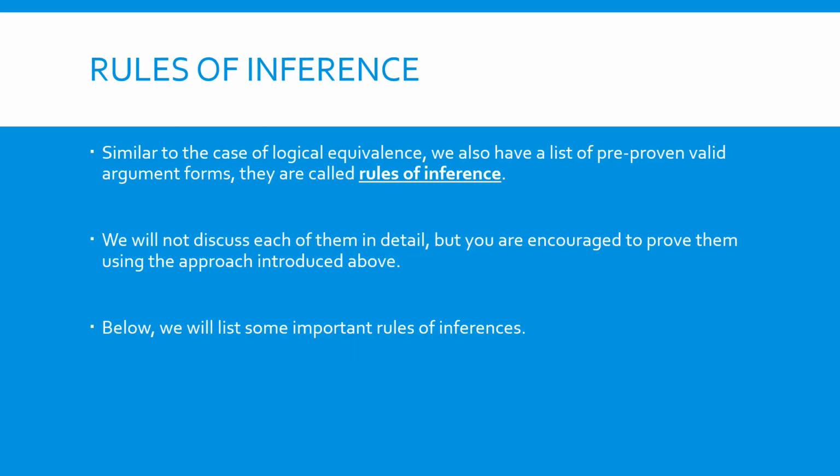Similar to logical equivalence, we also have a set of pre-proven valid argument forms. They are called rules of inference. We will not discuss each of them in detail, but you're encouraged to prove their validity using the approach we presented above. Below, we list some important rules of inference.